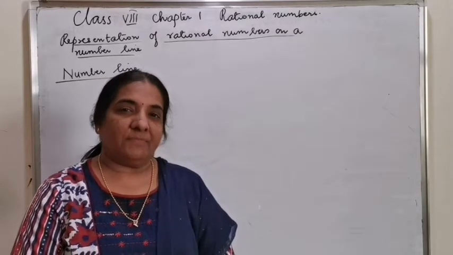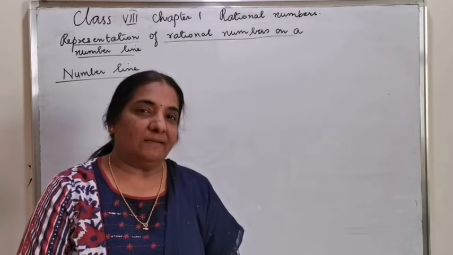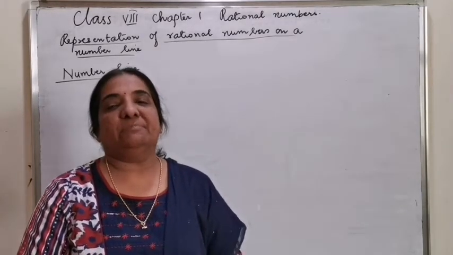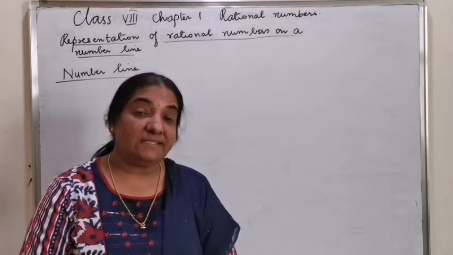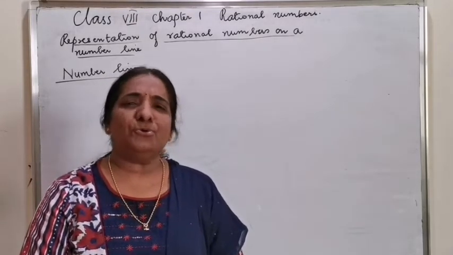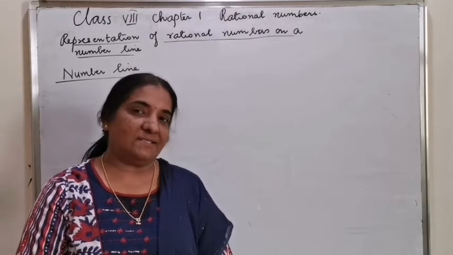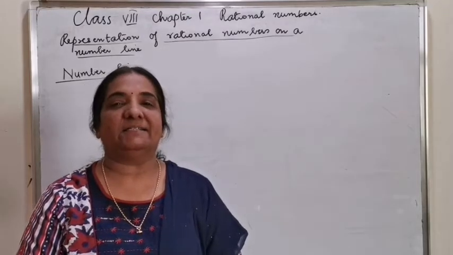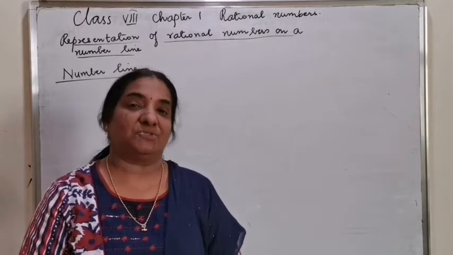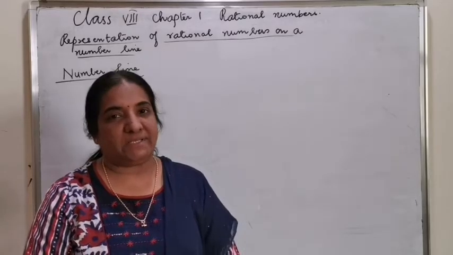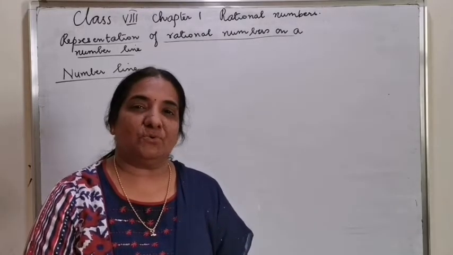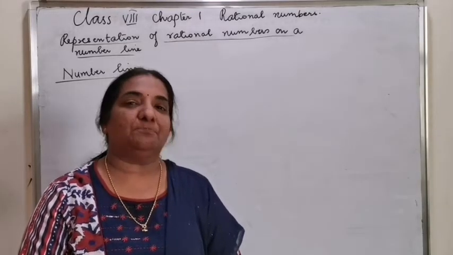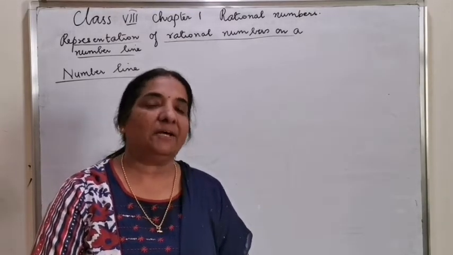I will explain what a number line is, how you can represent whole numbers, natural numbers, integers, and how you were taught in smaller classes to add, subtract, multiply and divide on a number line, as well as to check the rule by which, for numbers bigger than each other, what will be the position of those numbers on a number line.